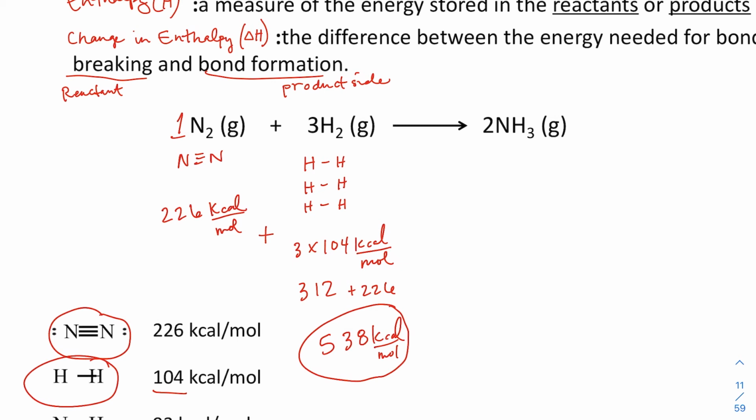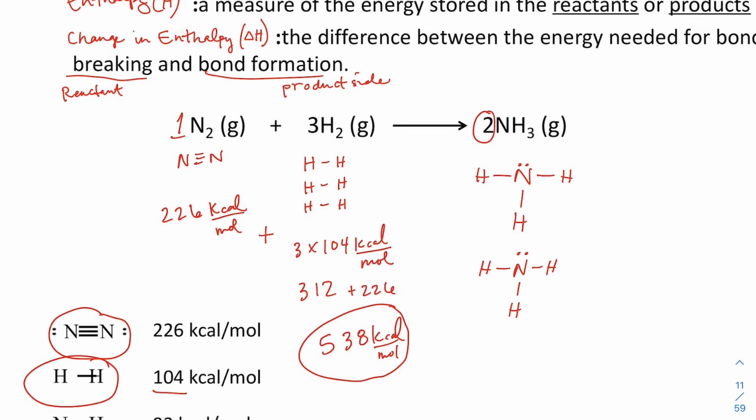And then to form all of our new bonds, if we draw out a molecule of ammonia, it looks like this. And you can see in one molecule of ammonia, you've got 3 nitrogen-hydrogen single bonds. But our coefficient tells us we're going to have 2 of these molecules for every time this reaction happens. So I'll draw the second one out. So total, how many individual bonds are we going to form?